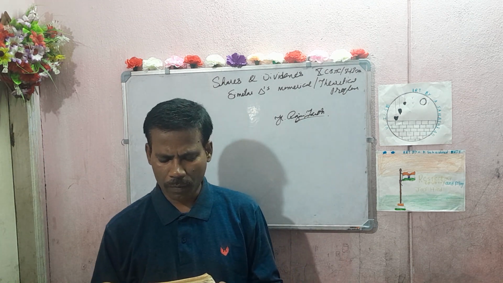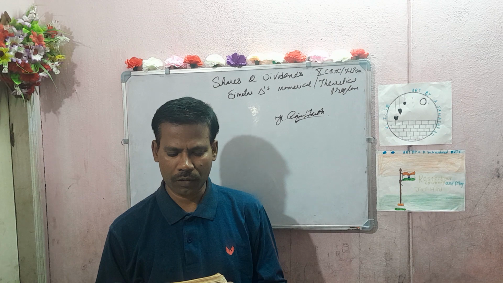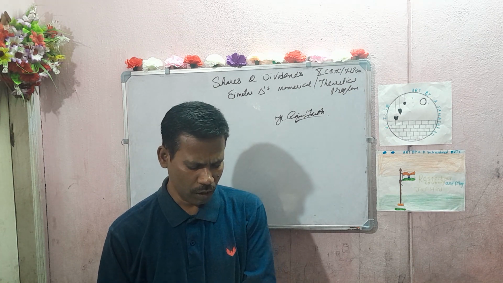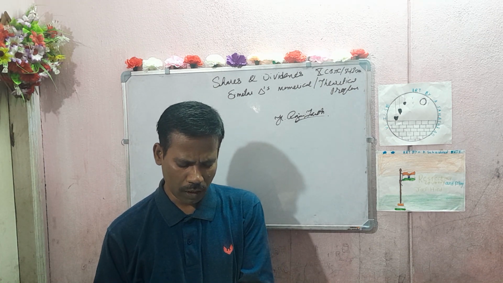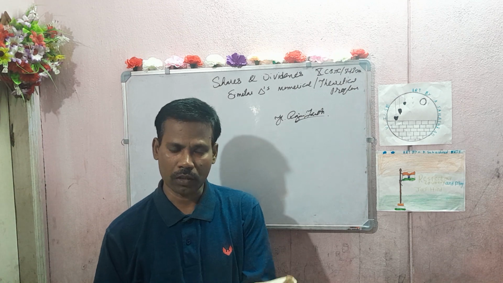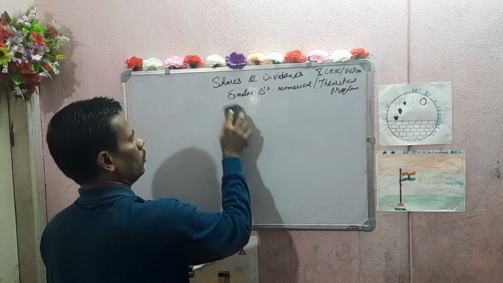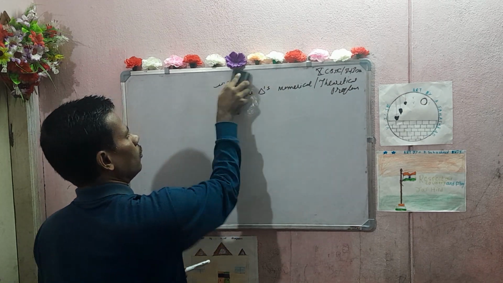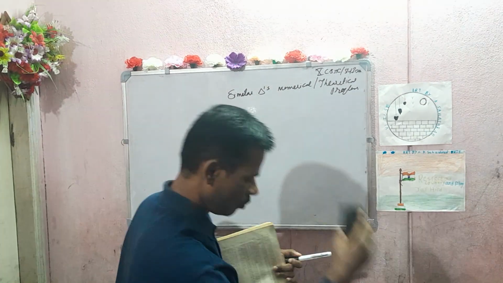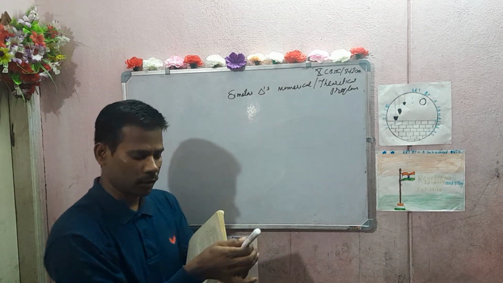If three or more parallel lines are intersected by two transversals, listen to the question carefully. Now we are going to discuss similar triangles, so that's why I am erasing that one.